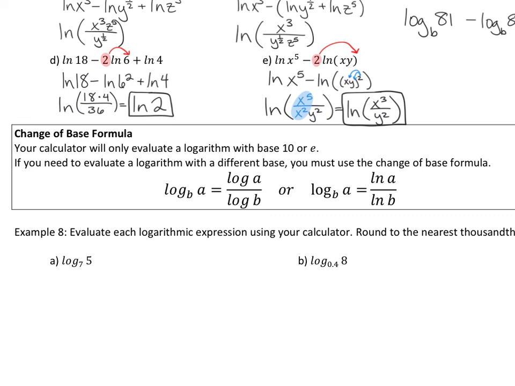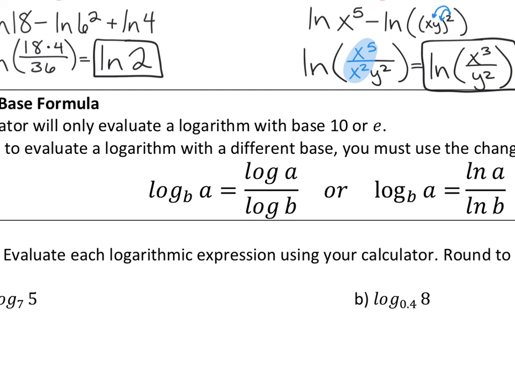We can use what's called the change of base formula. If you're wanting to evaluate this logarithm, you would actually just divide the common logarithm of the number by the common logarithm of the base.